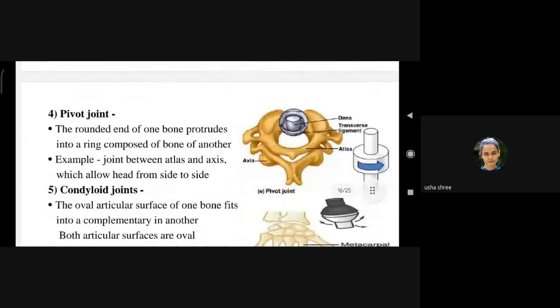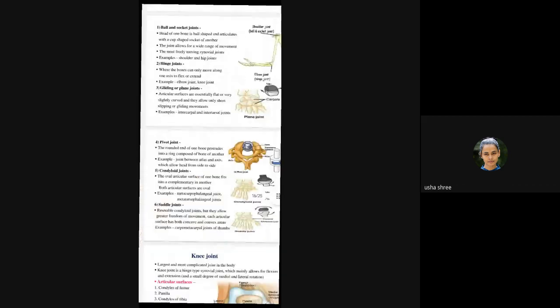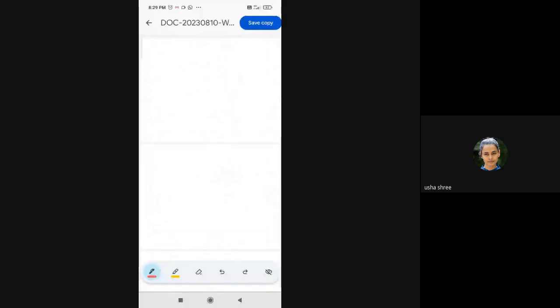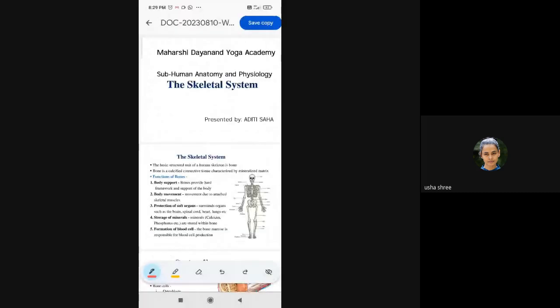Fourth one is the pivot joint. The rounded end of one bone protrudes into a ring composed of another bone. Let me explain by this. You can see my drawing here. Just imagine, my drawing is very bad.